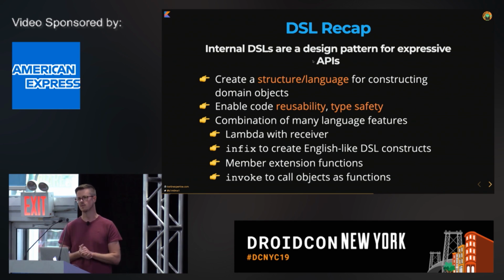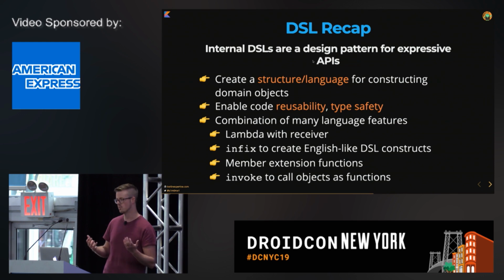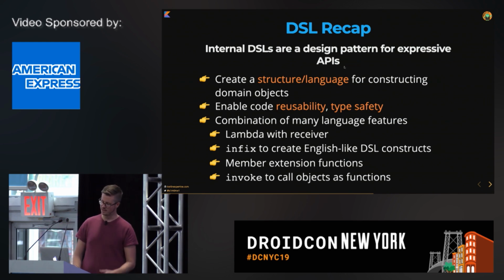And what DSLs do, they provide basically a way to create a structure or language for your users. Like this could also be your peers, like a DSL to simplify some domain creation. And yeah, they enable code reusability and type safety. This is very important.